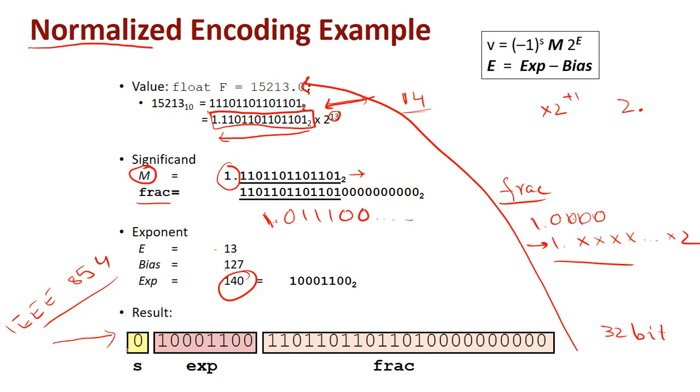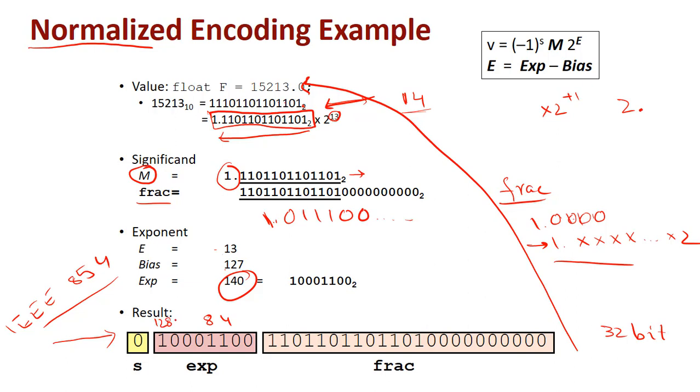so let's do it. S is 0, which means it is a positive number. We have 8 bits for the exponent. So this is 4, this is 8, ending up with 12, and this is 128.